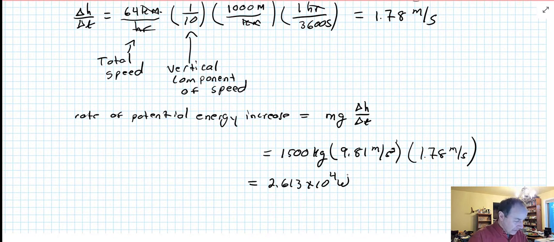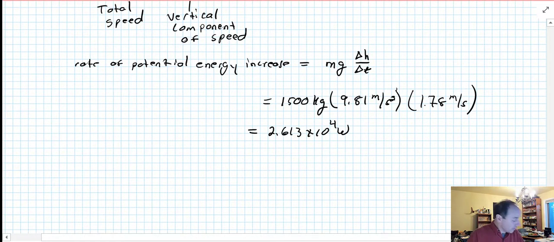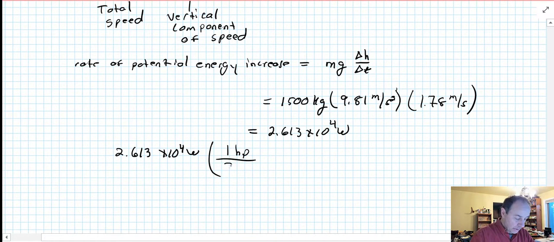But since I'm given the initial power in horsepower, I should convert this to horsepower so I can compare. So 2.613 times 10 to the fourth watts. 1 horsepower is 746 watts. So that's 35 horsepower.